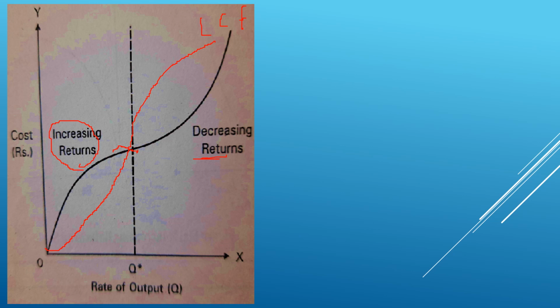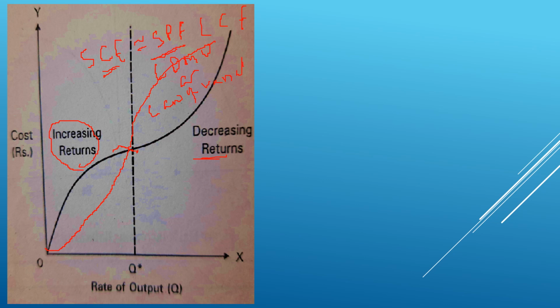The difference is that the short run cost function is related to the short run production function. That means it is related to the law of diminishing marginal utility, or you can say the short run cost function reflects the law of variable proportion.